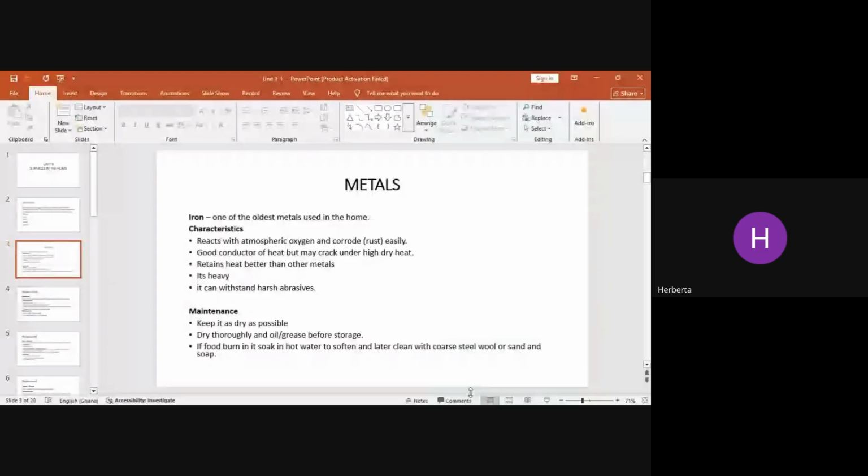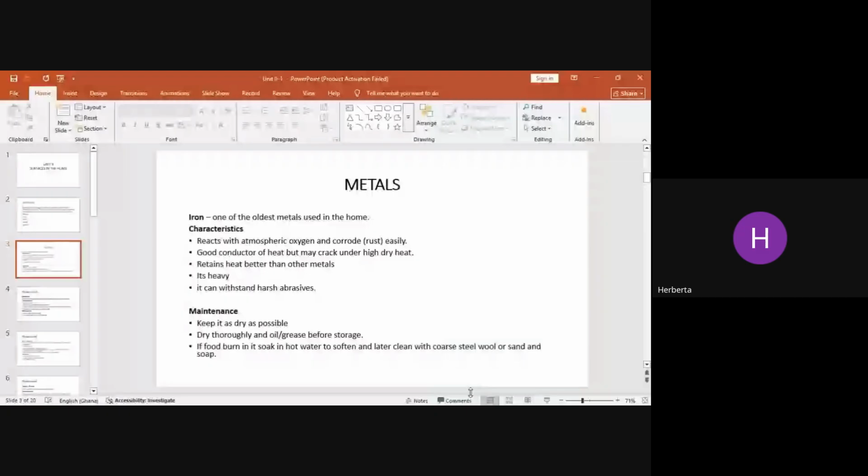So it's better that it should be put in its case if not in use, either in a box, or you dry it thoroughly and oil or grease it before you store it.